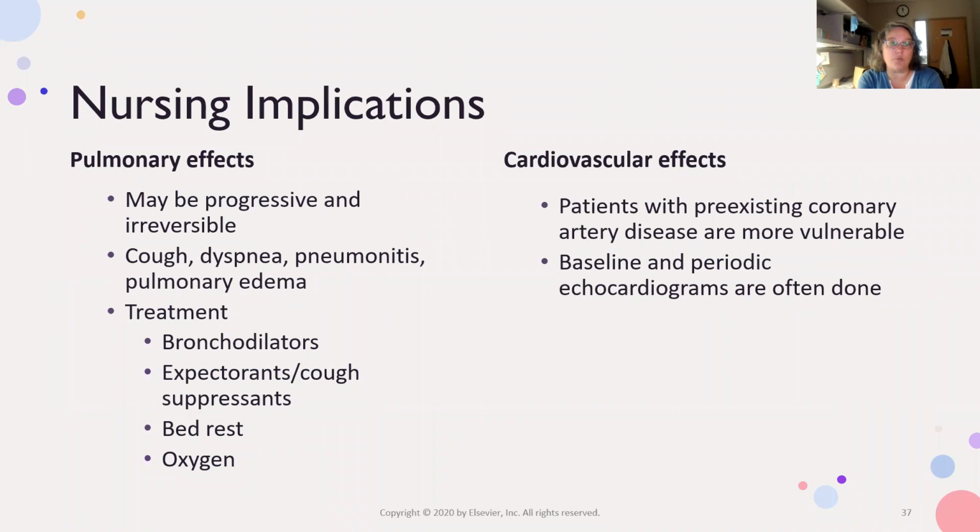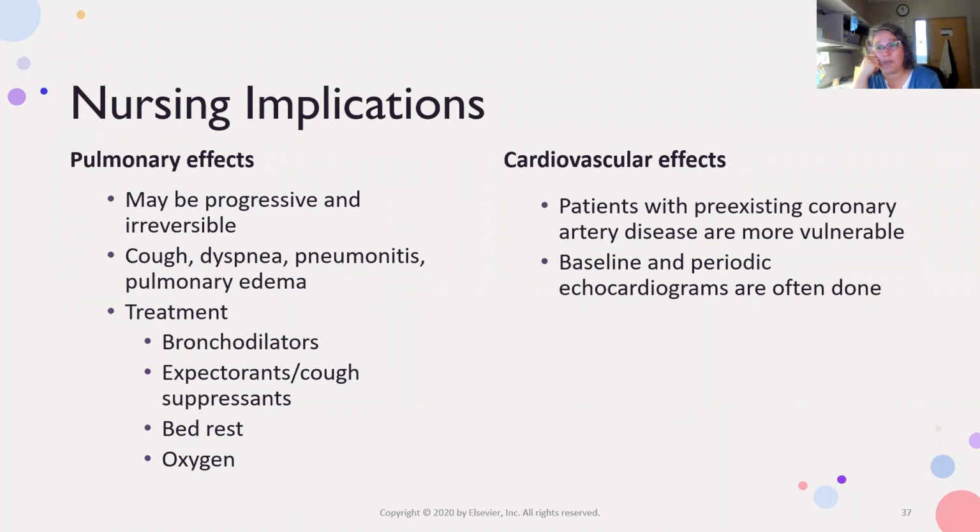But we can treat those with bronchodilators, with expectorants and cough suppressants, bed rest, and helping them, again, this goes along with fatigue, where we can help them cluster their activities and perhaps rest up, as well as providing some supplemental oxygen.